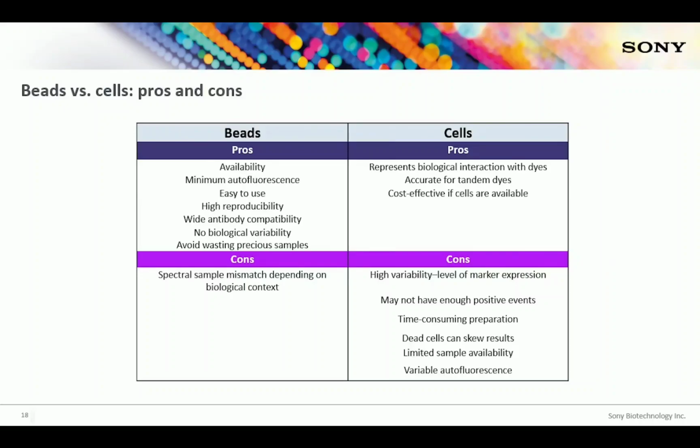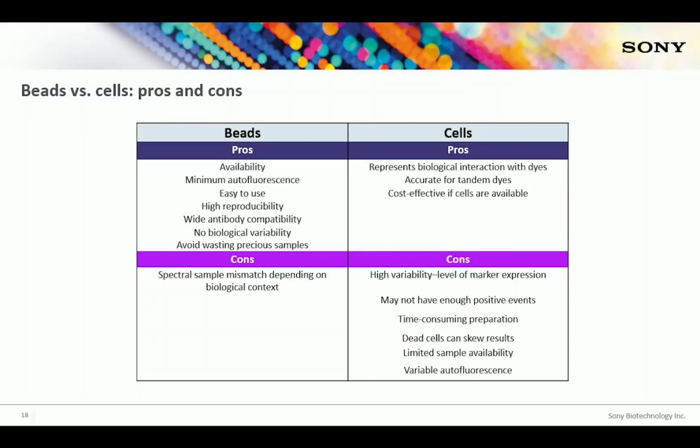They are easy to use, they have high reproducibility, they are compatible with mostly all the antibodies. They don't have any biological variability, so we don't need to worry if the cells will be expressing or not. And also, using beads avoids wasting precious samples.